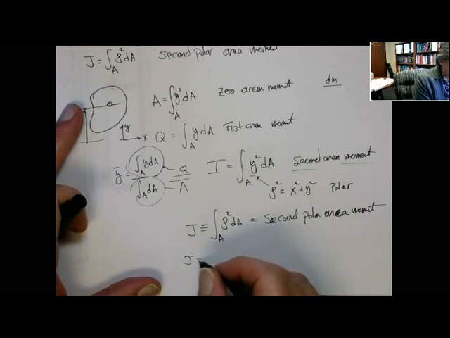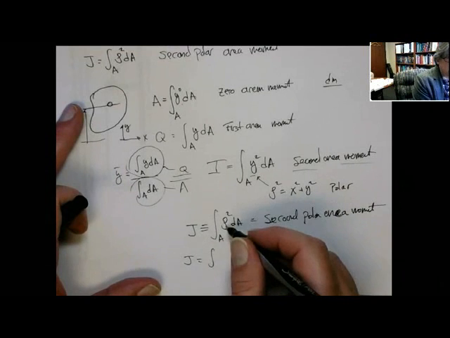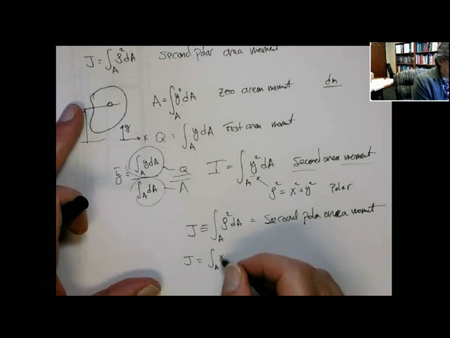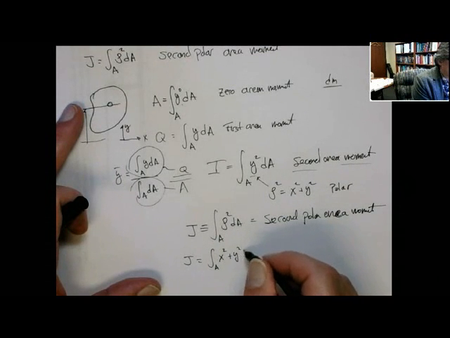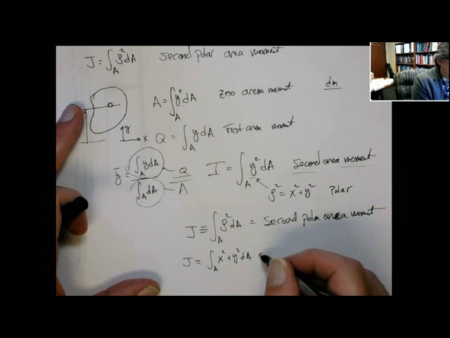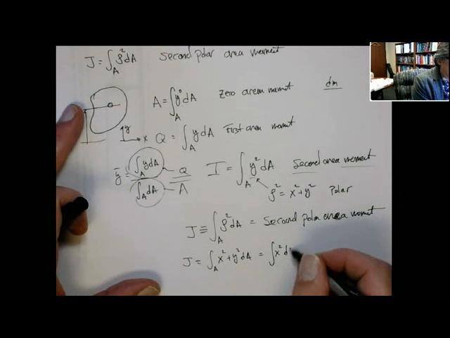And so you can see actually, if I write rho squared as x squared plus y squared, J becomes the integral of x squared plus y squared dA, which is x squared dA plus y squared dA.